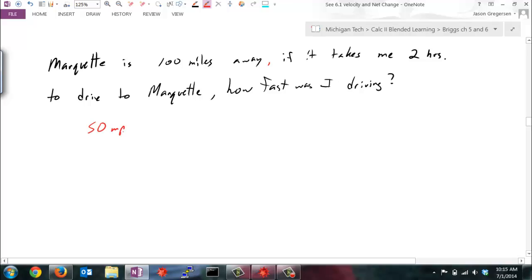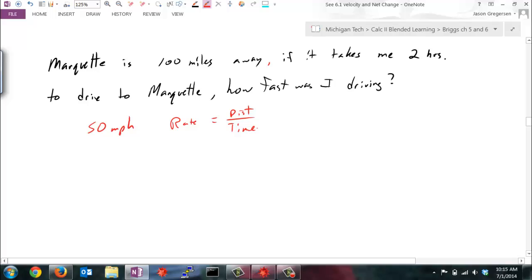And how'd you figure that out? Divided by 2, right? We're using an equation here. We have the rate is equal to the distance divided by the time. So we got 50 miles per hour.